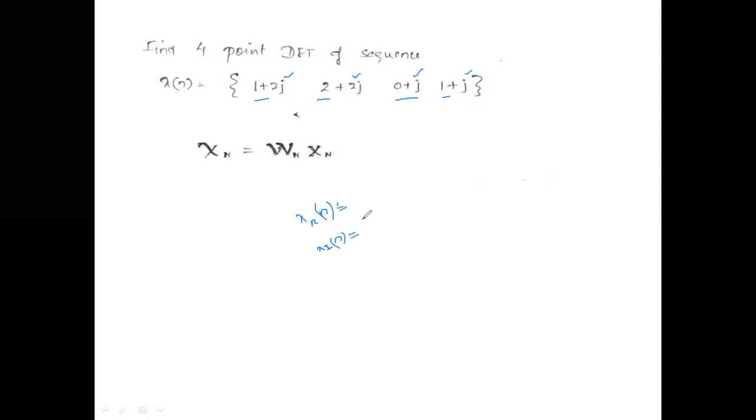Imaginary part is accompanied by a j, but the values are 2, 2, 1 and 1. Got this particular thing? The real part is 1, 2, 0 and 1.